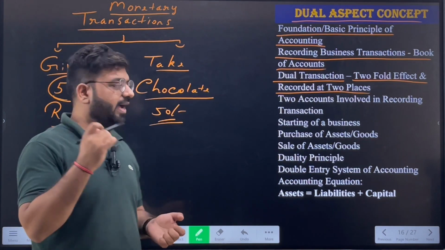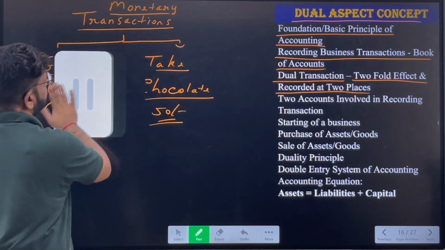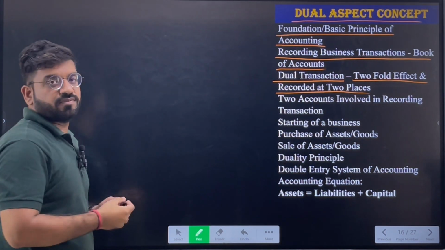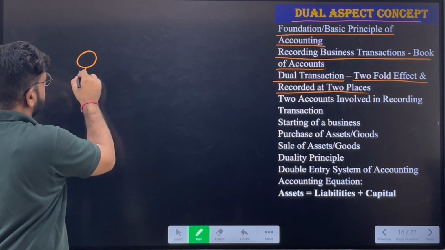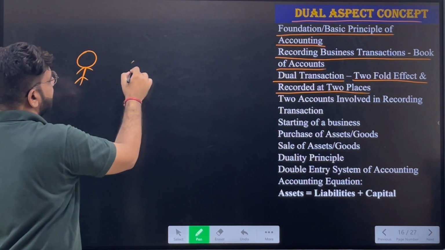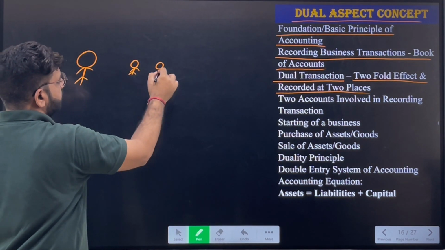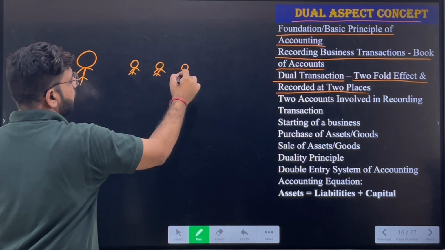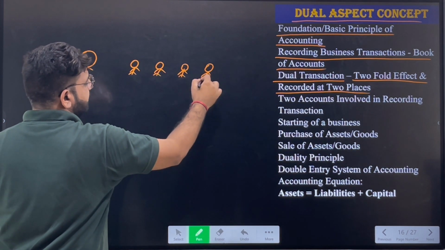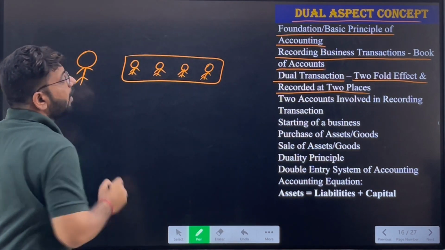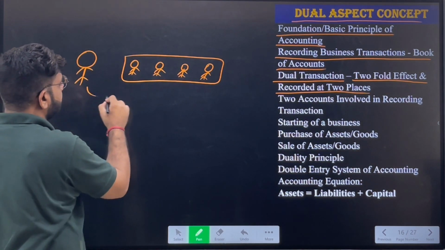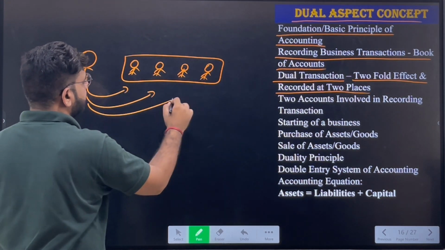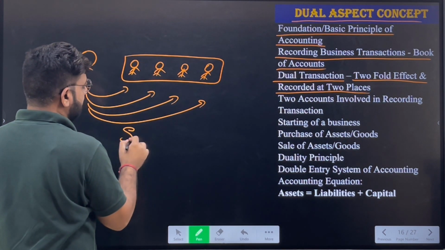For example, I am the owner of a business. Obviously, I will have many employees working under me. Suppose this is the owner and there are so many employees. These all are my employees who are working for me, and since they are serving me, I will have to give them salary.